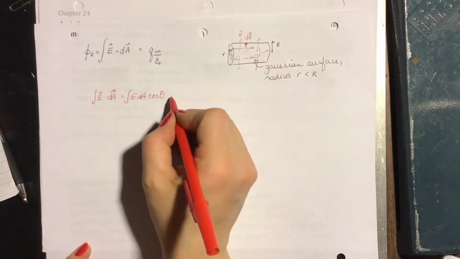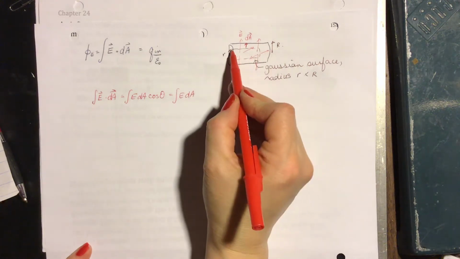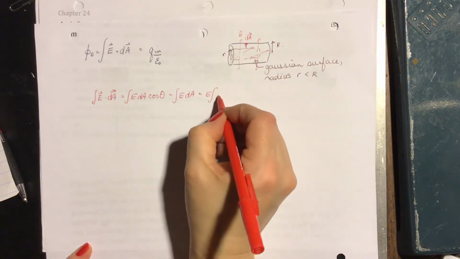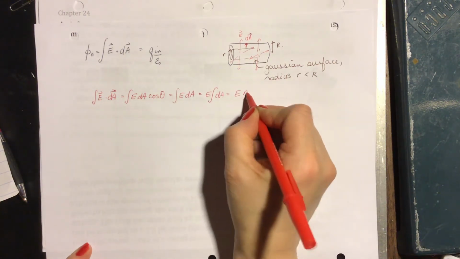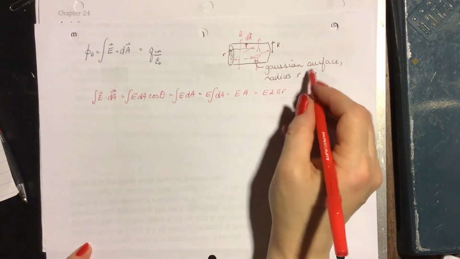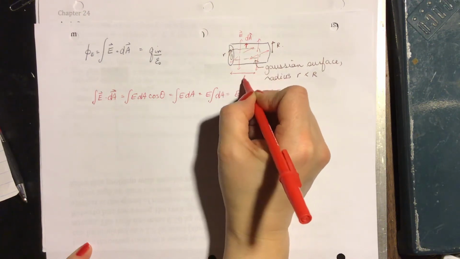That leaves us with the integral of E times dA. If we're a constant distance away from the center, we have a constant electric field. E comes out front. The integral of dA is just A, the area of the cylinder: 2 pi r times the length. I'm going to call the length of our Gaussian cylinder little l. So there's our left-hand side.